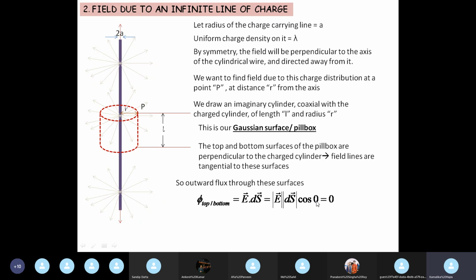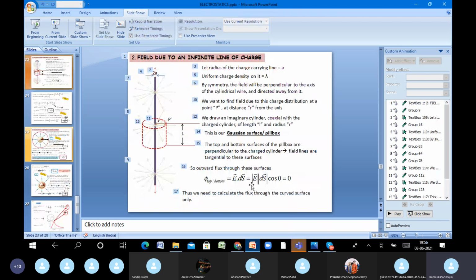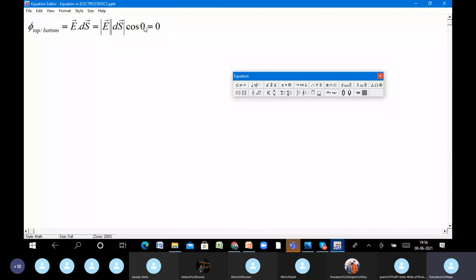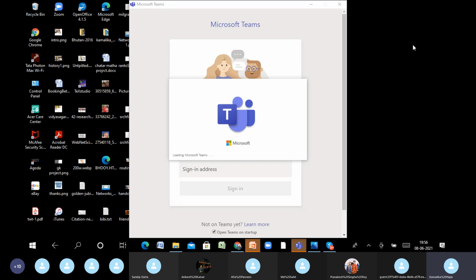Outward flux through the top and bottom surface, phi top or bottom, is E dot ds, E ds cos, sorry, this won't be 0. Just a second. It's a grave mistake. This is not 0, cos 0 is 1. This is 90, so it is cos 90.